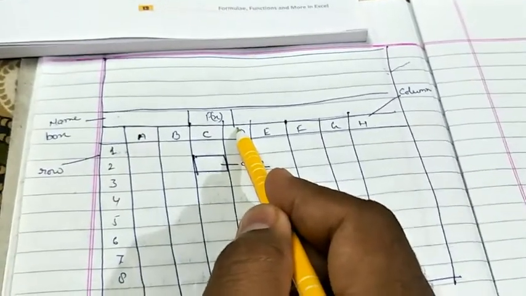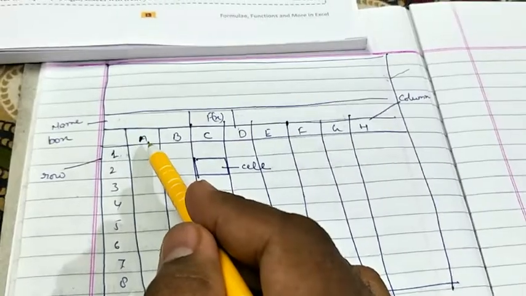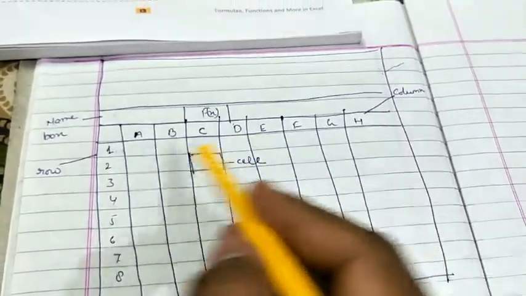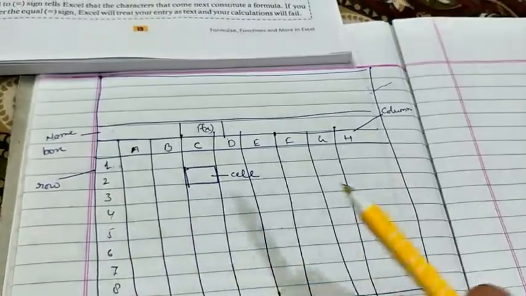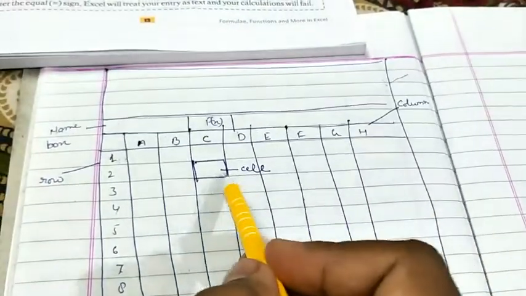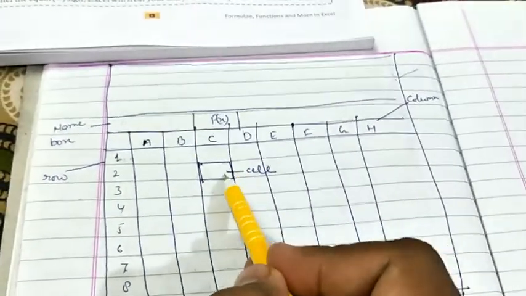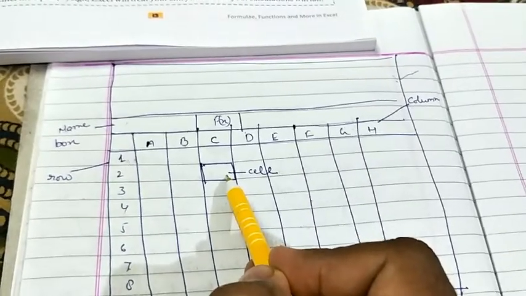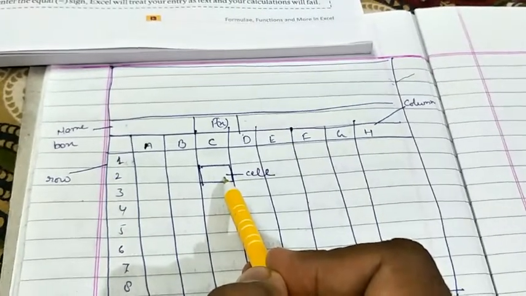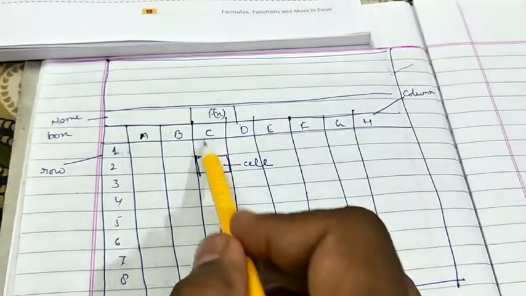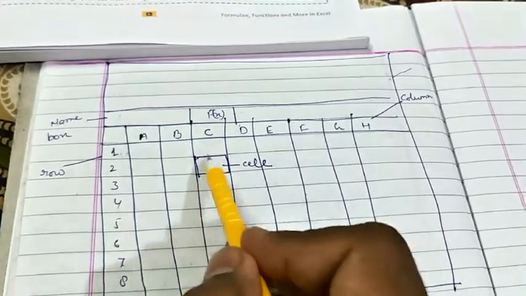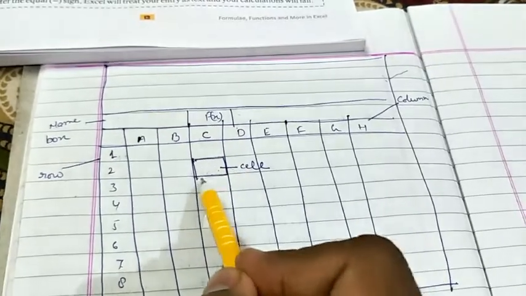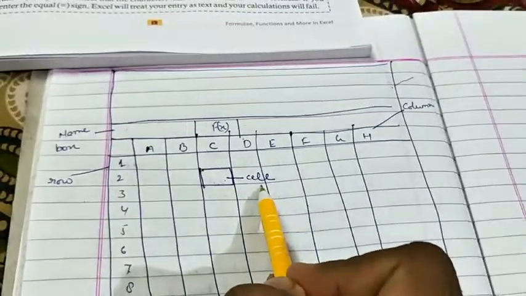Okay, the column is represented by the letters A, B, C, D, and the row is represented by numbers 1, 2, 3, 4, like that. Okay, now what is cell? Cell is a rectangular box that is made by intersection of row and column. Okay, after the intersection of row and column you can see a rectangular box that is called cell.